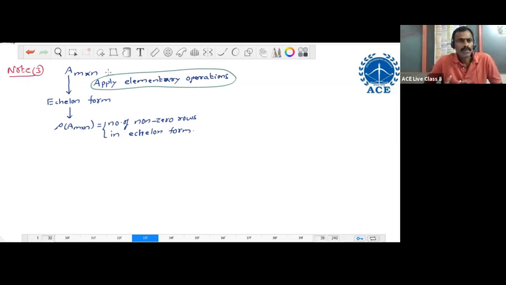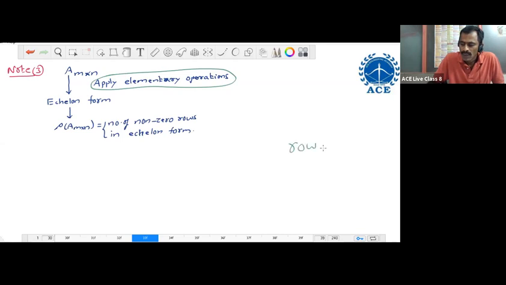If you want to apply both row and column operations, then such a method is the normal form method, the third method only. According to the third method, we should apply both row and column operations. But according to the second method, we should apply only either row or column operations.